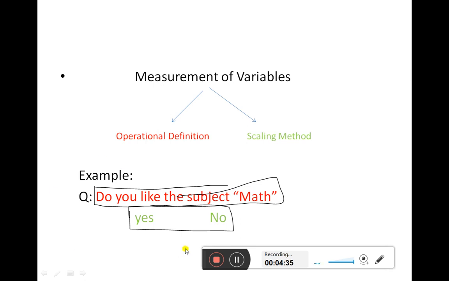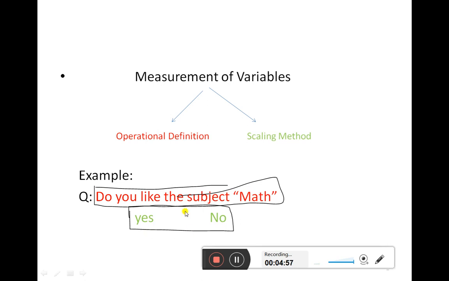So in this lecture, once we make a questionnaire, the questionnaire contains various questions, each question will be considered a statement, each statement will derive from the operational definition concept, and then each statement will be measured through various scaling methods.